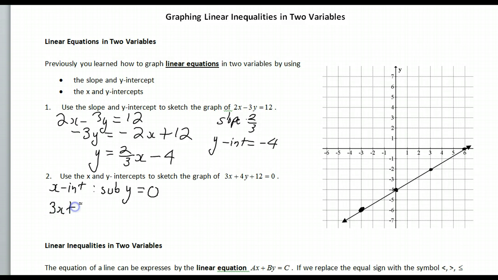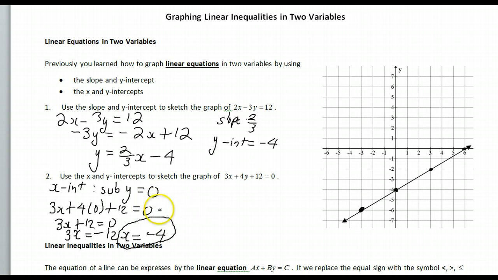So 3x plus 4 times 0 minus 12 equals 0. 3x minus 12 equals 0, and 3x is 12, x equals 4. So I have my x-intercept. I'm going to go and graph that.